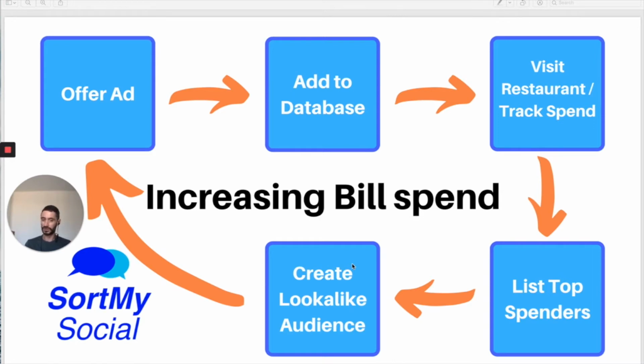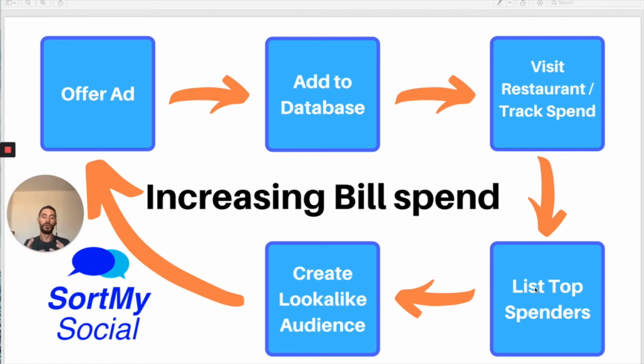Now, a lookalike audience takes a set of people with Facebook accounts, and it goes away and looks for people really, really similar to that, with similar spending habits, similar interests, similar demographics, maybe similar jobs, and creates a much bigger audience. So you could have, say, a list of your 100 top spenders that have come into your restaurant. You upload that to Facebook, and Facebook will find 500,000 people that are 99% the same as all the people you've just uploaded.